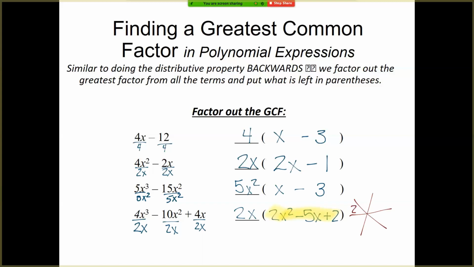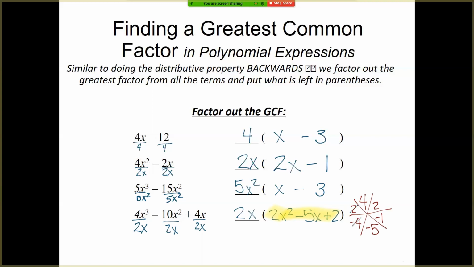So here we would put 2 top left, top right, -5 in the bottom middle. Be careful, the top middle, a times c, 2 times 2 gives us 4. So I'm looking to find two numbers that multiply to give me 4 and add to give me -5. -4 and -1 multiply to give me 4 and add to give me -5.